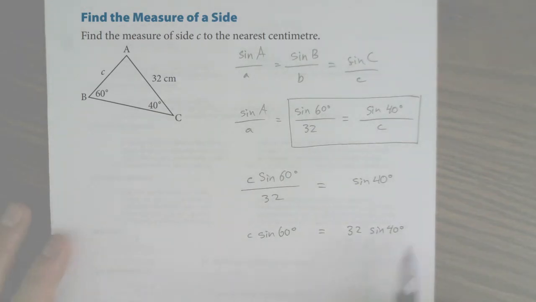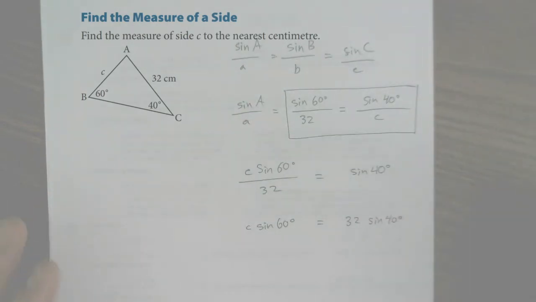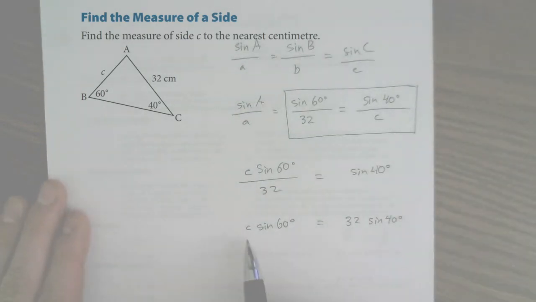I'm not evaluating sine 40 yet or sine 60. I could, but I'm going to leave that to the end. To isolate C, I've got to get rid of this factor here, and I'm going to divide both sides by this amount.